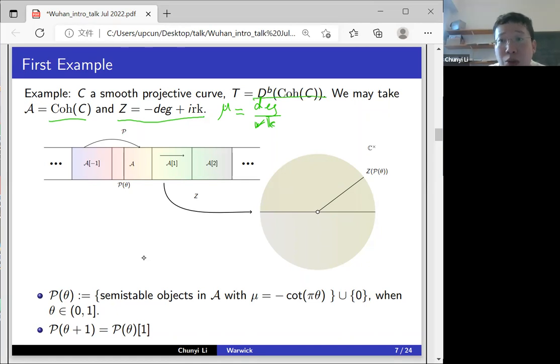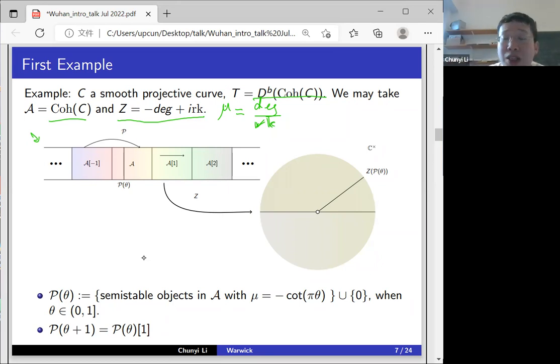Now this is one definition, and to make the talk go on, we need to give an equivalent definition of it. To do that, let's rethink about this. What does it mean to have a heart structure on a triangulated category? This is my cartoon for a heart structure. This is the heart structure for a triangulated category in my mind.